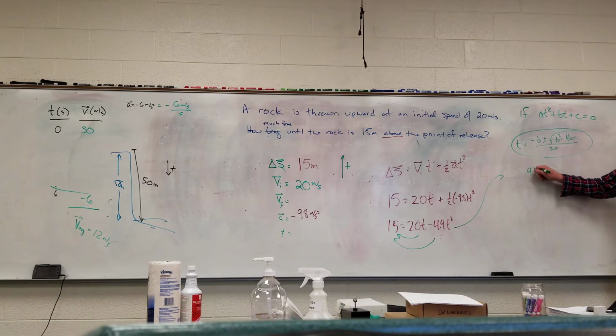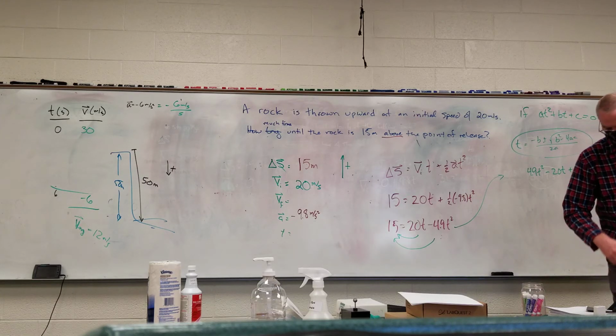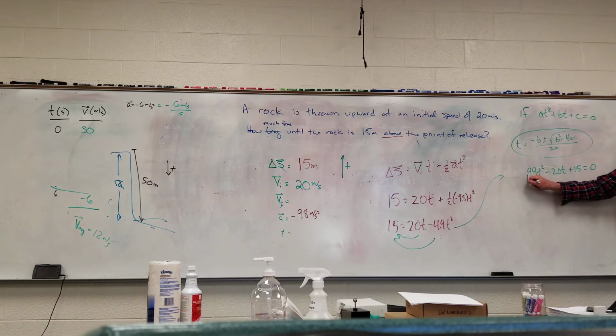So I have 4.9 t squared minus 20t plus 15 equals 0. That's my A, that's my B, and that's my C. C is for constant, or the third thing.